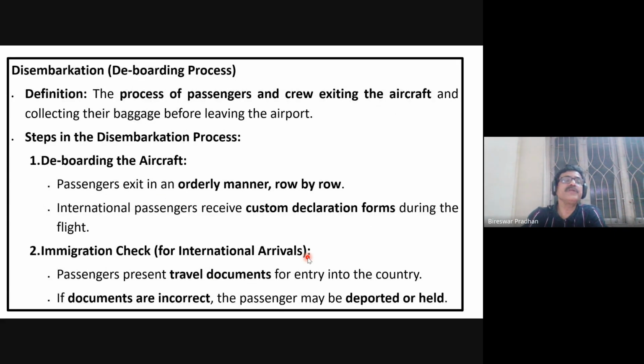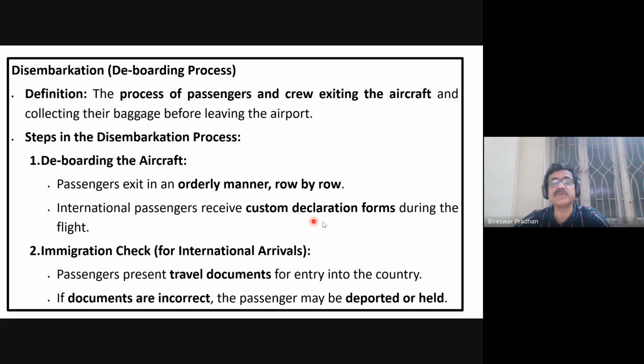Now, disembarkation. What is deboarding? One is boarding and one is deboarding: the process of passengers and crew exiting the aircraft and collecting their baggage before leaving the airport. Steps in the disembarkation process: deboarding the aircraft, passengers exit in an orderly manner, row by row.